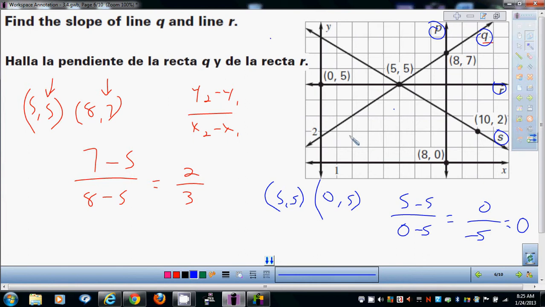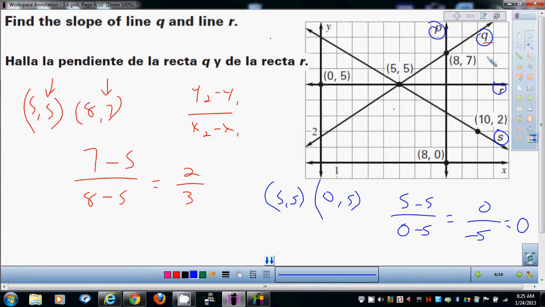Which one has a non-existent slope? Elijah. Close. What's the slope on R? 0. Very good. So which one would have a non-existent slope? P. And which one has the positive slope? Q. Right. 0 slope, non-existent slope.